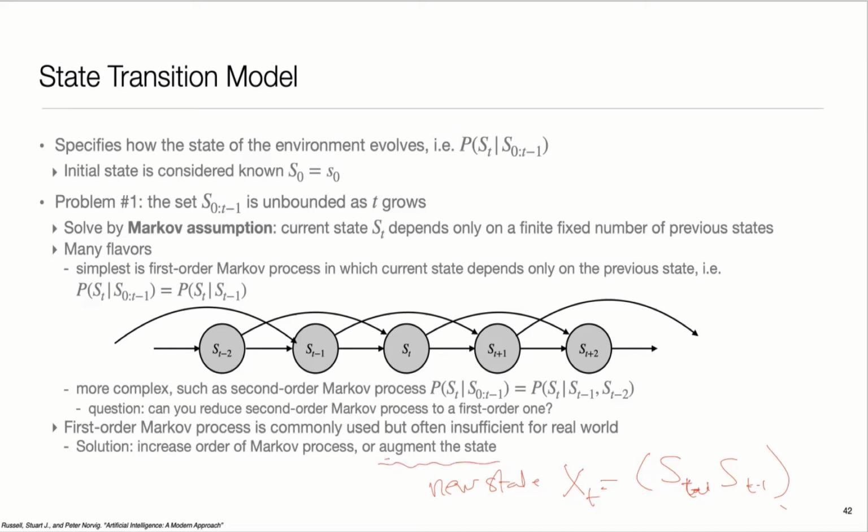Now, oftentimes this notion of a fixed number of states is not simply the recent states. If you think of human activity at a given point in time, certainly it depends upon what you were doing recently, but there are also daily cycles, day-of-week cycles and yearly cycles. So maybe it depends upon the recent one or two states, but it also depends upon the state 24 hours ago, roughly, the state a week ago, and perhaps the state a year ago.